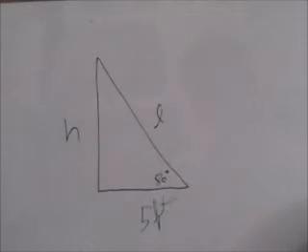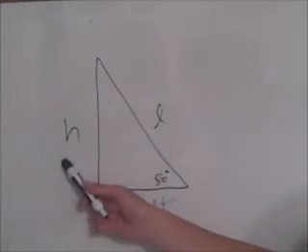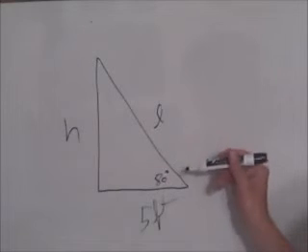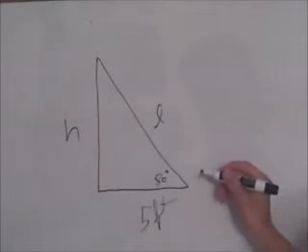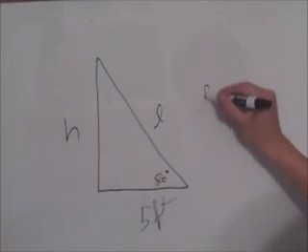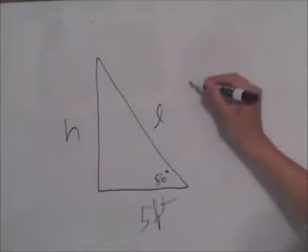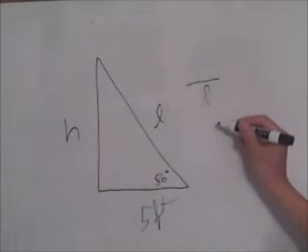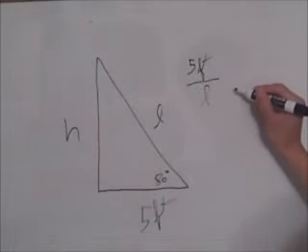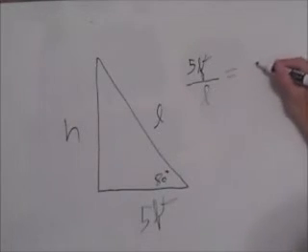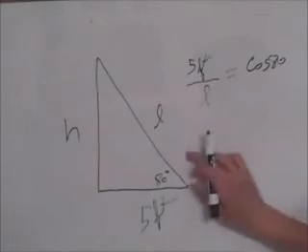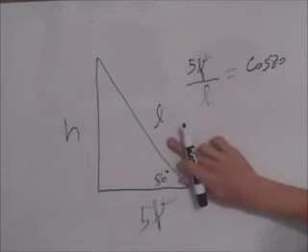And the question asks you to find the height of the tower, which I'll call H, and the length of the wire, which I'll call L. And so the length of the wire, L, is what divides 5 feet in the ratio cosine 80, because cosine is adjacent over hypotenuse.